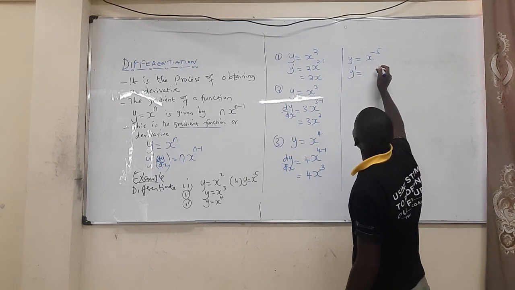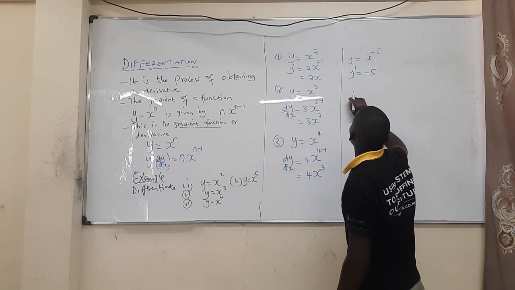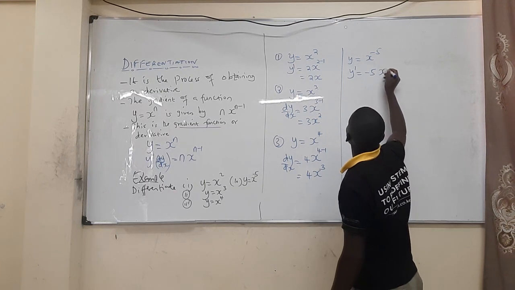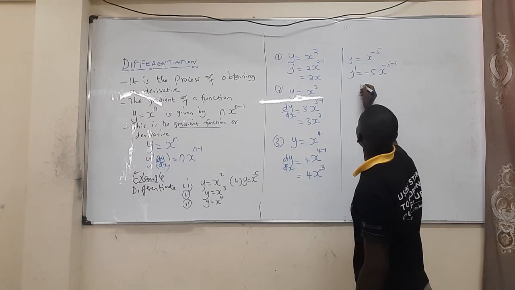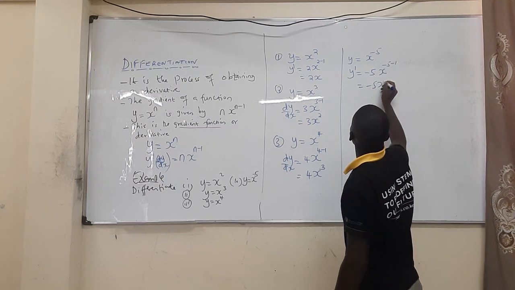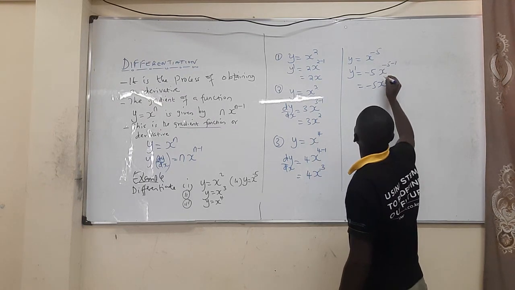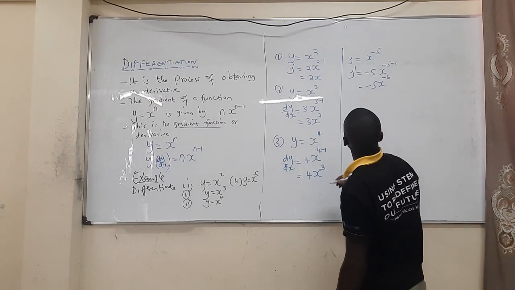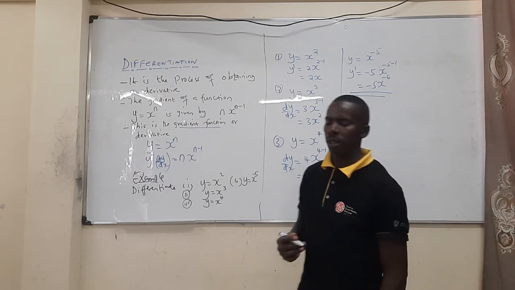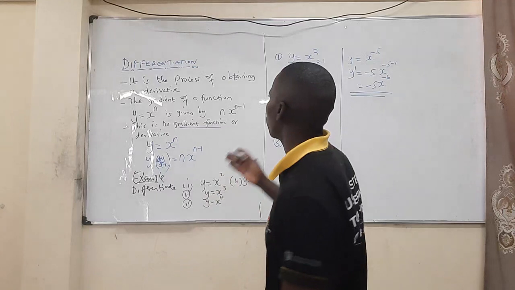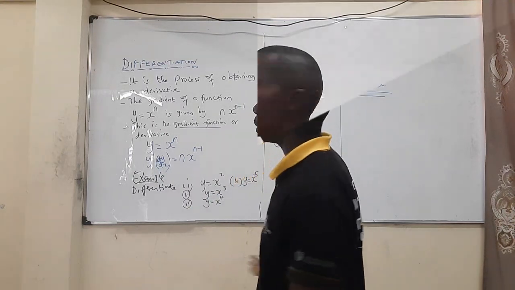You drop the power, we get minus 5, and then x power minus 5, subtract 1. So you're going to have minus 5x, then minus 5 minus 1, you get minus 6. So that is how we do the process of differentiation, getting the derivative.